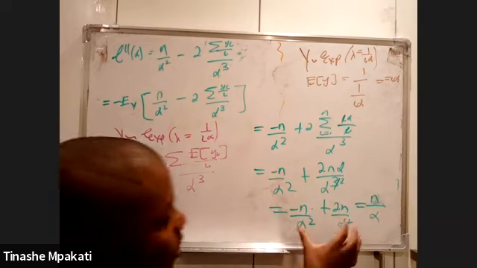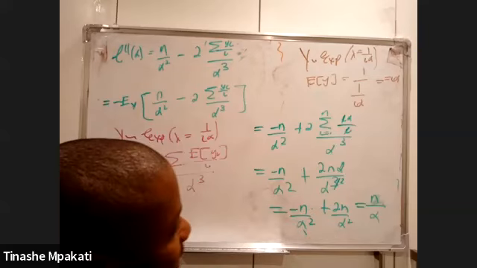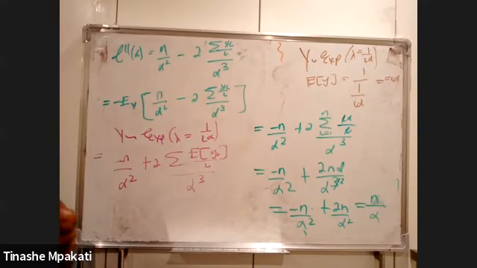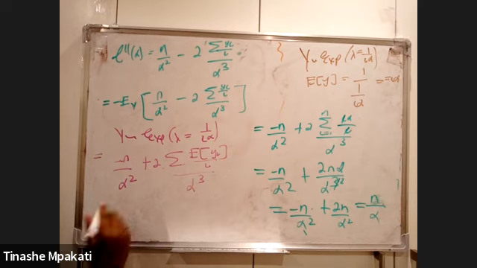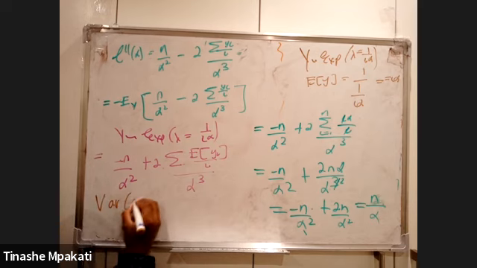So we will take a common denominator and just say 2n minus n, and we get our answer to be n over alpha squared.